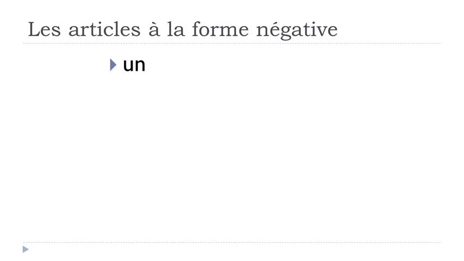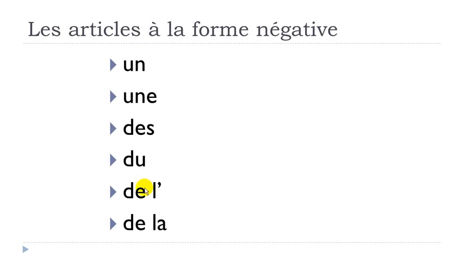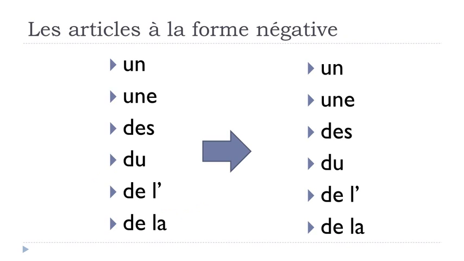So when we've got un, une, and then des, what we saw, les articles indéfinis, or then if we've got du, de l', or de la, in that case, it's the partitive. Remember that if you use them with c'est at the negative form, they will stay exactly the same.